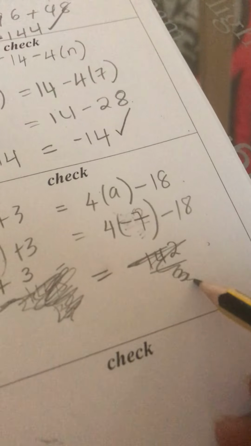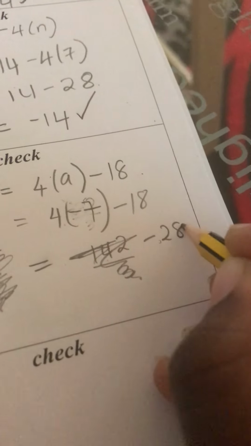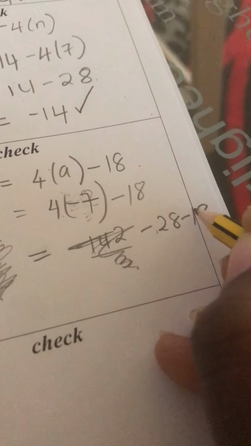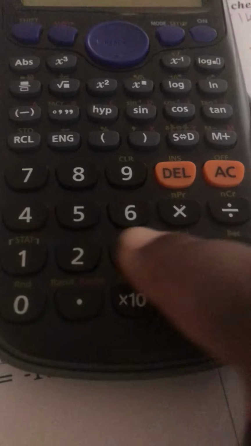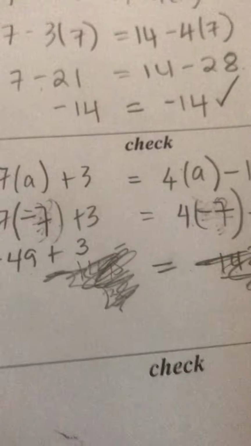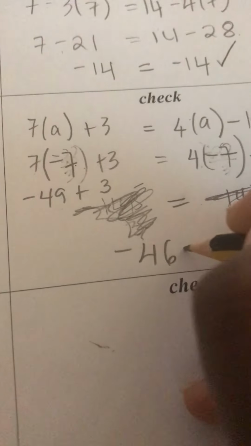And this is negative 28 minus 18. All right, negative 49 plus 3 should be negative 46. Okay, that should be negative 46.